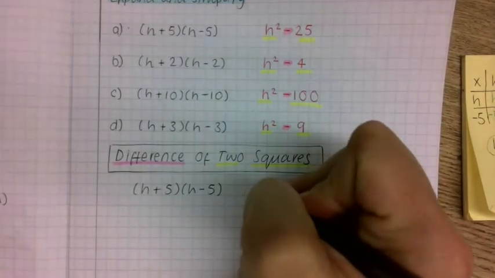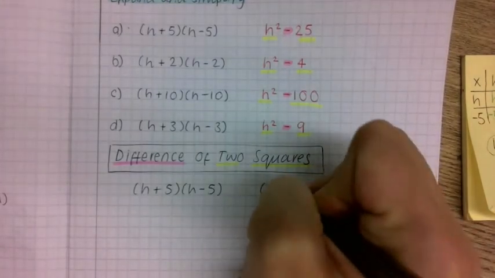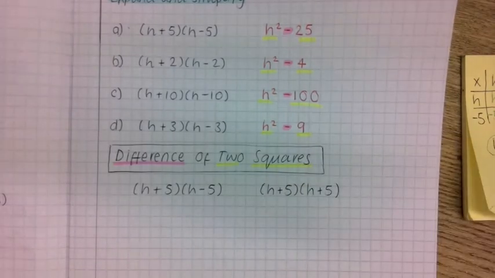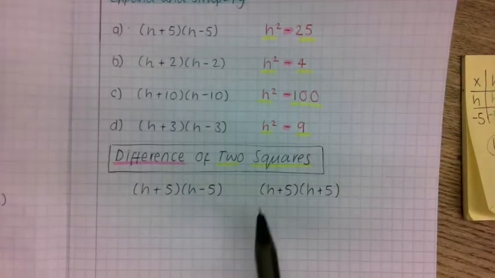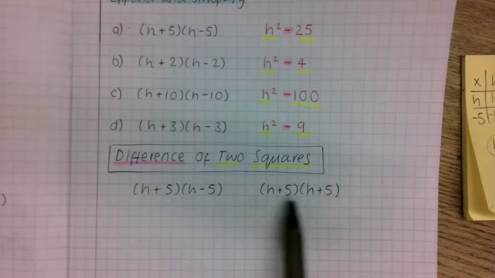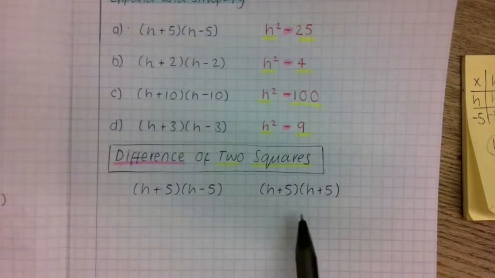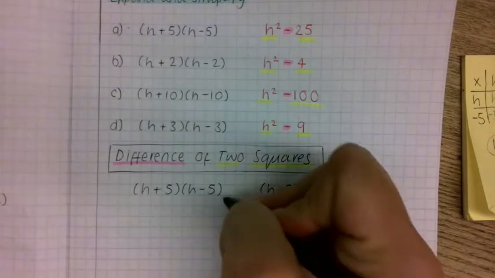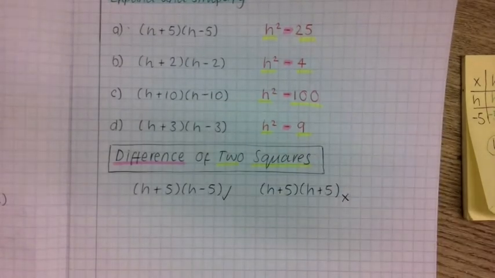If I was to have something like this, h plus 5, h plus 5, this wouldn't be a difference of two squares problem, because I need to have one positive, one negative. So this one would be, and this one wouldn't be.